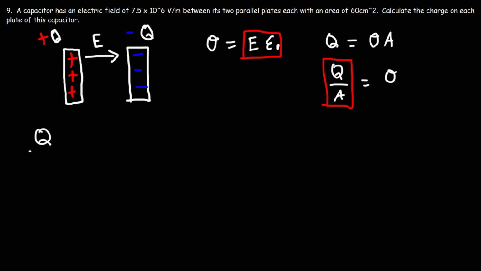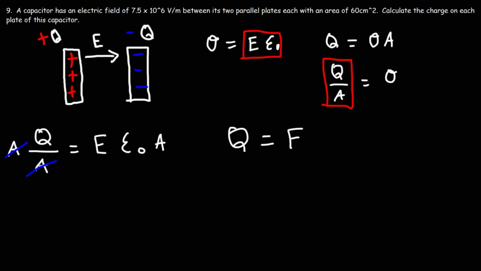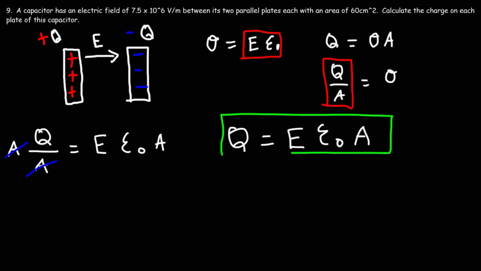So thus we have Q over A is equal to E times the permittivity of free space. So now let's multiply both sides by A. And so this is the equation that we need. The charge on each plate is equal to the magnitude of the electric field times the permittivity of free space times the area. So that's the formula that we need to solve this particular problem.